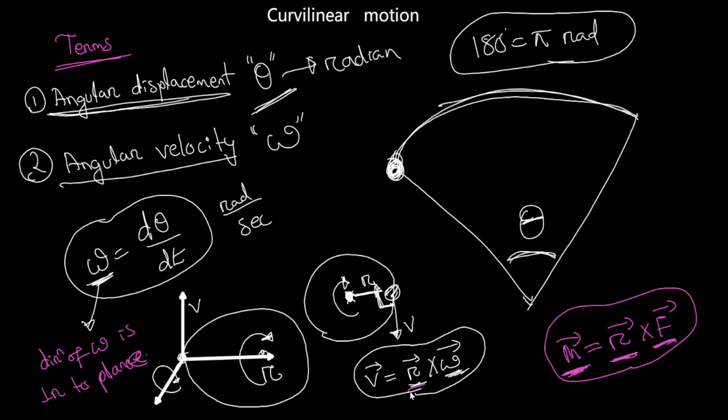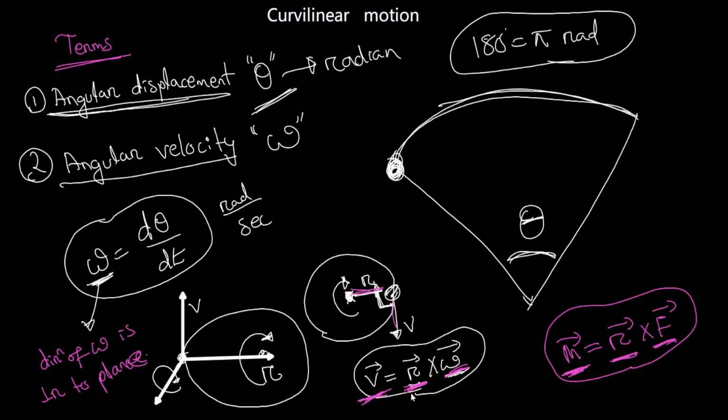Here also you have to align your right hand along the position vector and rotate your curled fingers towards the velocity vector. You do the opposite here. You know the velocity vector, and you know the r vector.